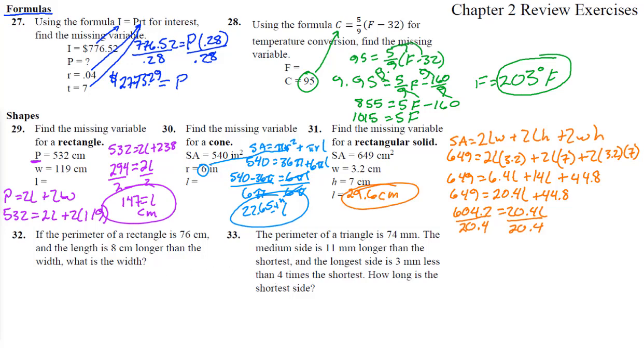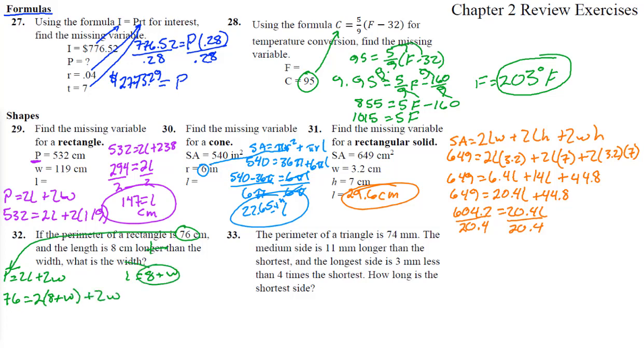Good. Number 32. If the perimeter of a rectangle is 76 centimeters, so we're going to be using perimeter as 2L plus 2W, and the length is 8 longer than, that's a plus sign, the width, then we can stick 76 in for the perimeter. That's 76 equals 2 lengths, which is 8 plus W altogether, plus 2W.